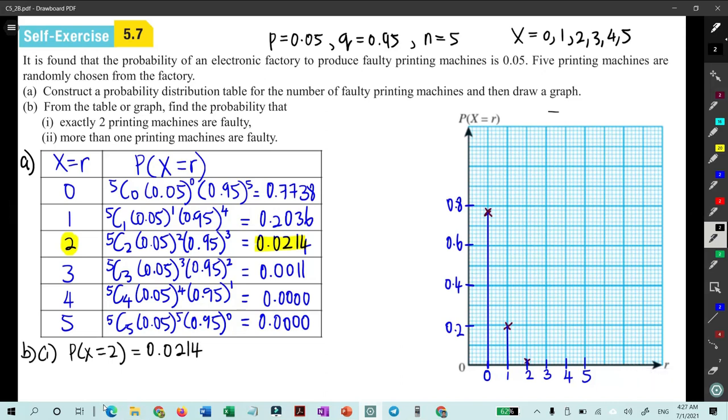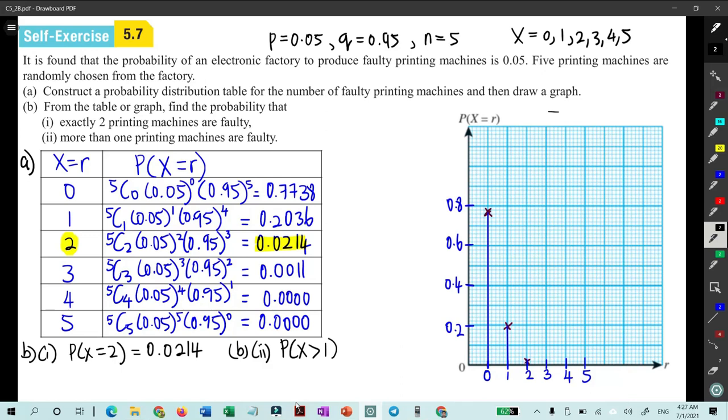And then for section B2, more than one printing machines are faulty. P(x > 1). Greater than 1 means we have to take the values of r equals to 2, 3, 4, and 5.